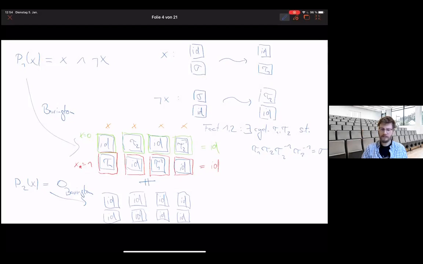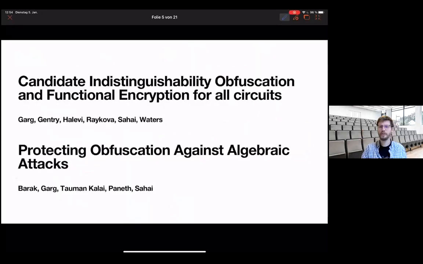All right, if not, then let's just continue with the actual subject matter of today, namely how we can use branching programs and multilinear maps to construct indistinguishability obfuscators.